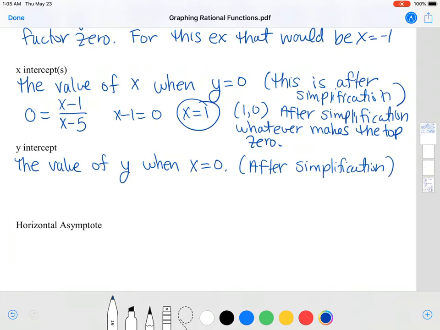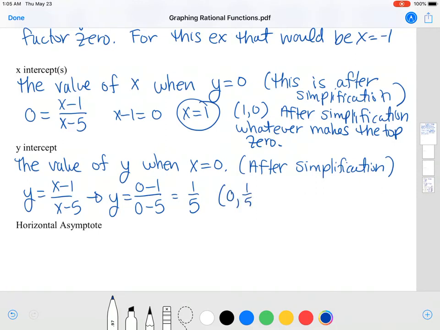So I have y is equal to (x minus 1) over (x minus 5), but then we plug in 0 for x. So I have y is equal to (0 minus 1) over (0 minus 5). So I would get 1/5 as my y-intercept. And if we write it as an ordered pair, it would be (0, 1/5), because it's the value of y when x is 0.